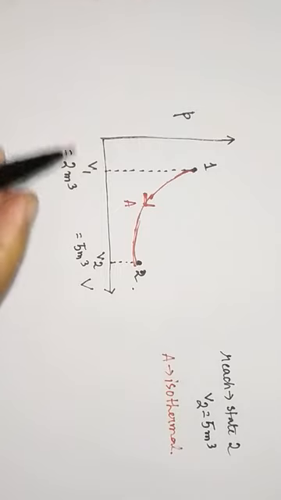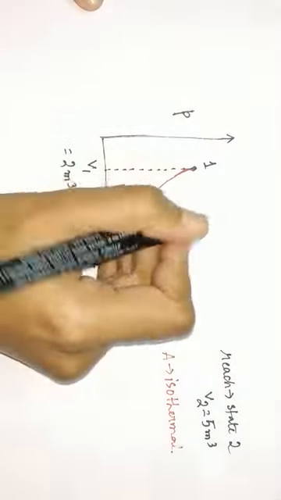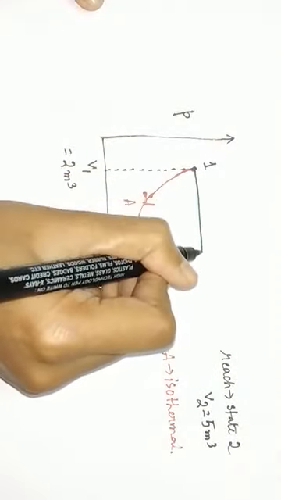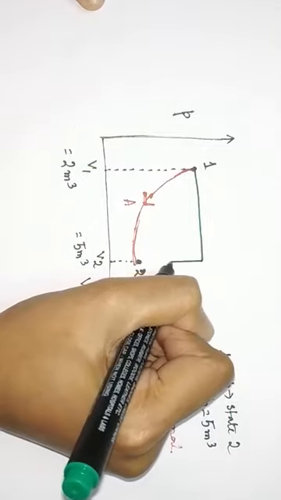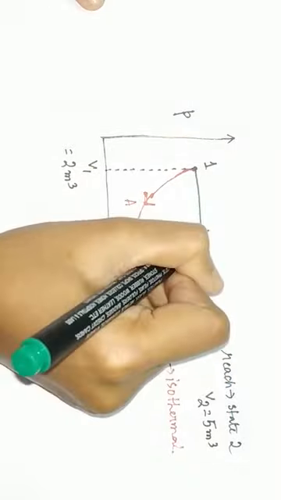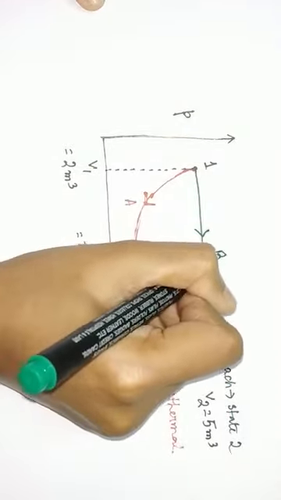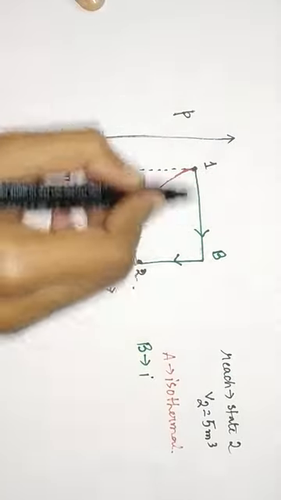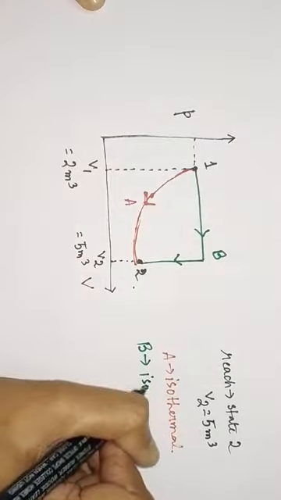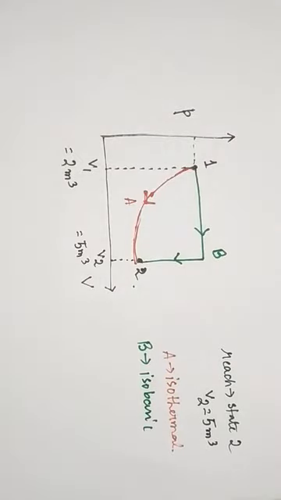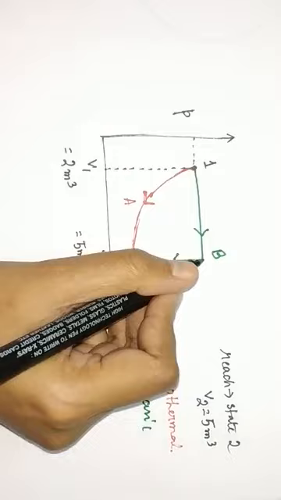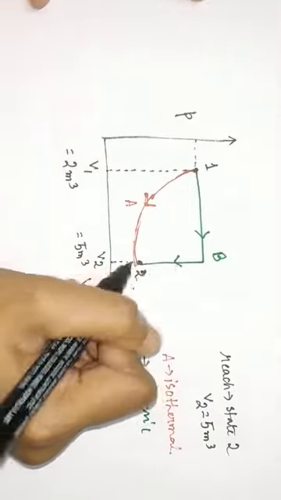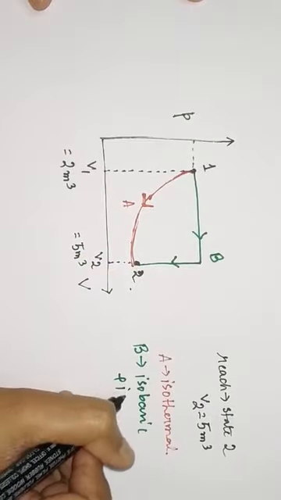And another process you can take is suppose first an isobaric process, then an isochoric process. So this is process B. Process B is a combination of first this one, an isobaric process, pressure is constant, and then this one which is an isochoric process, the volume is constant.